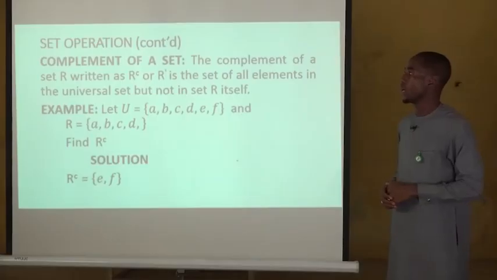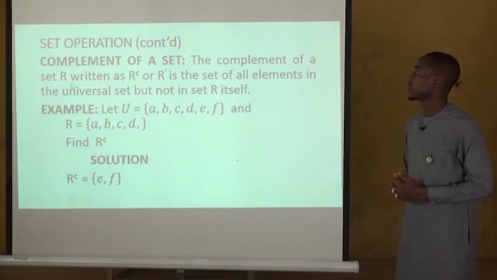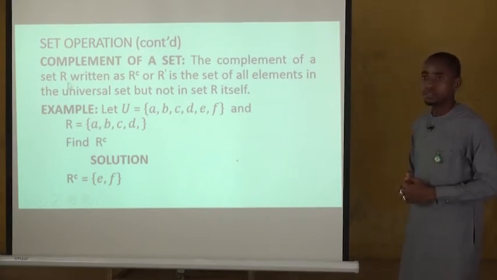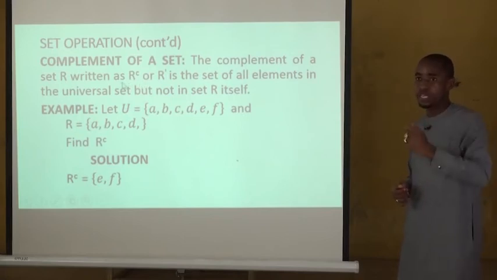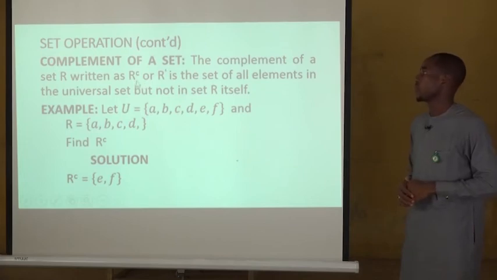Next is our complement of a set. The complement of a set R, written as R complement, that is R with a power of C, C is a superscript, or R prime, is the set of all elements in the universal set but not in set R itself.